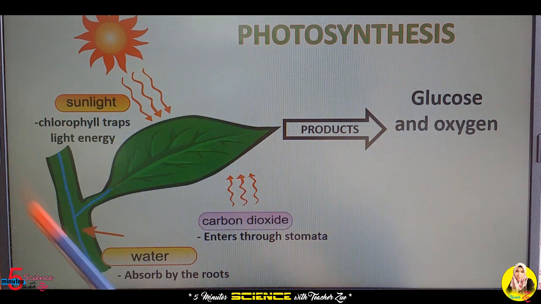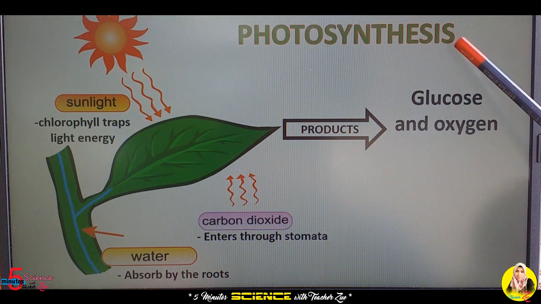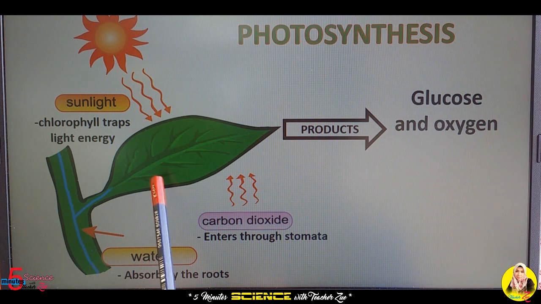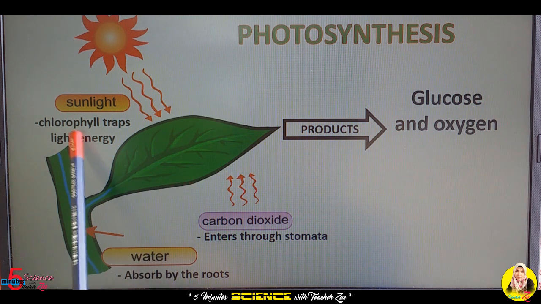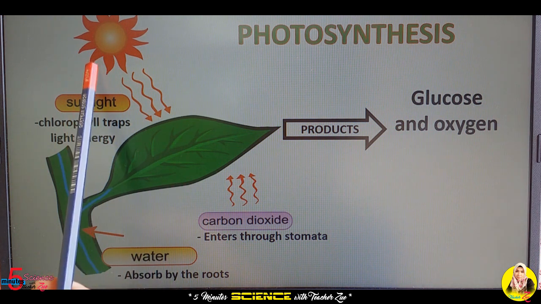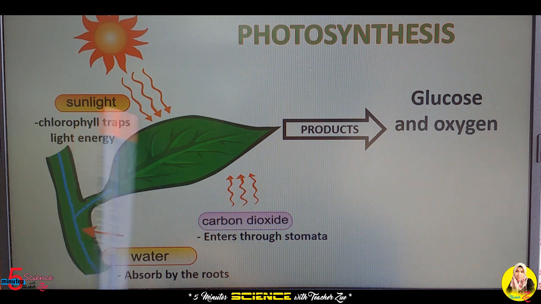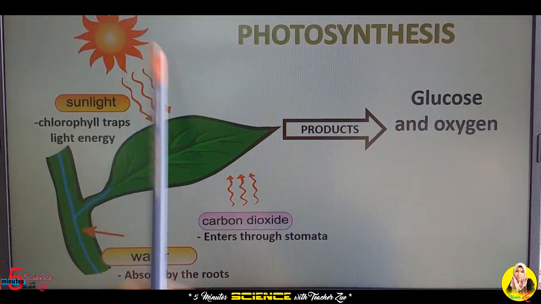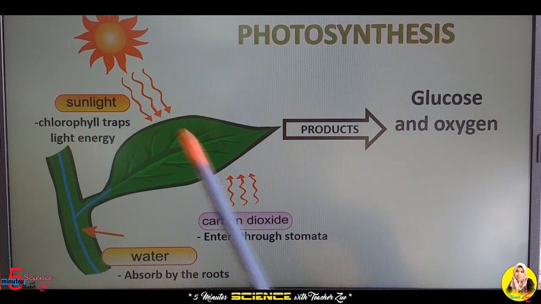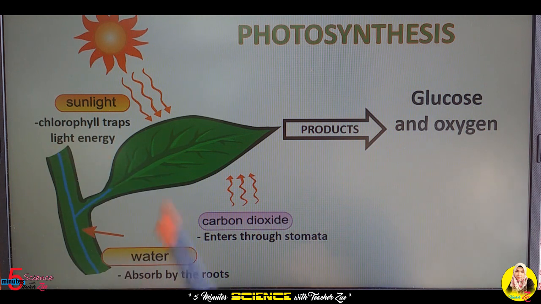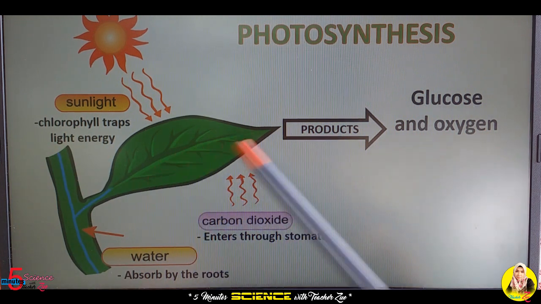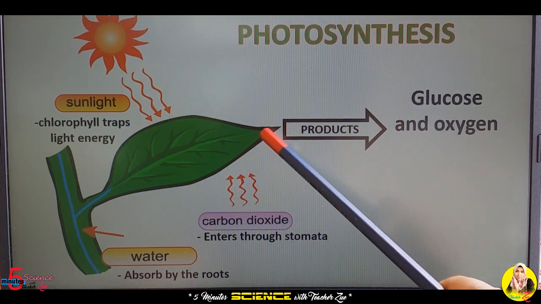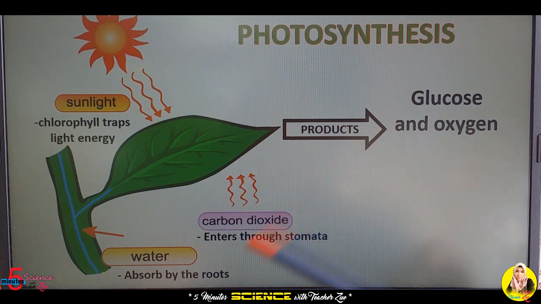Okay, now we look at the diagram of photosynthesis. This is the green leaf. So green leaf contain chlorophyll. This is sunlight. So chlorophyll in the green leaf trap light energy from the sunlight. At the same time, water is absorbed by the root of this plant, and the leaf also need carbon dioxide that enter through the stomata.